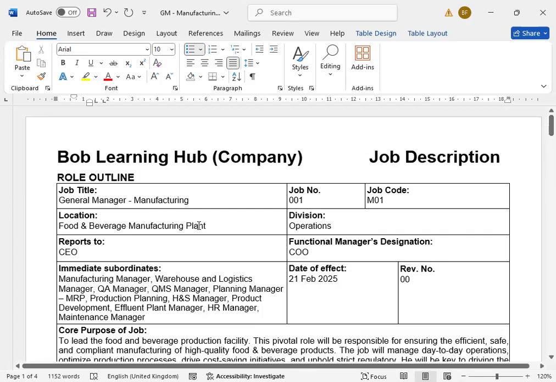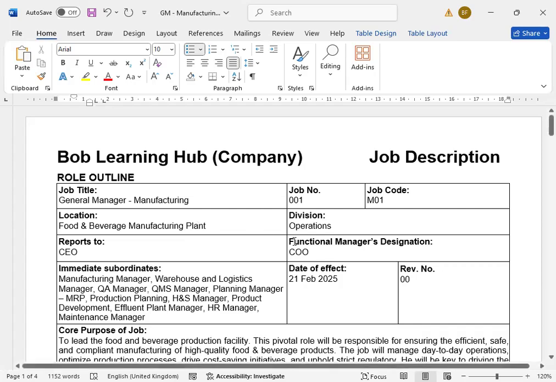And this is not applicable for other, like hardware manufacturing companies producing cars, tools and equipment, machineries. This is not dedicated to that kind of role. This is specific to a general manufacturing manager for food and beverage.